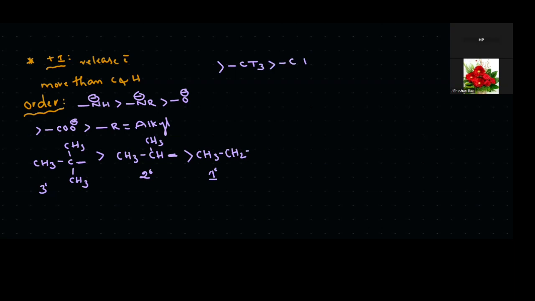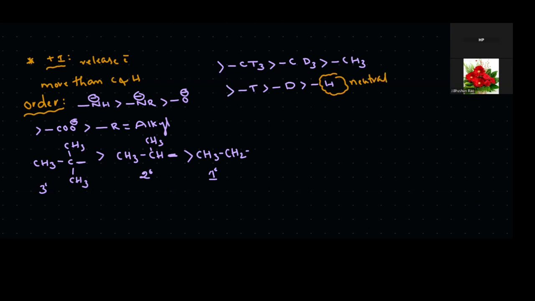CD3 releases more than CH3. Then after that CH3, tritium, next deuterium, and the least one is hydrogen. So the hydrogen atom, compared to all other groups, is always neutral.